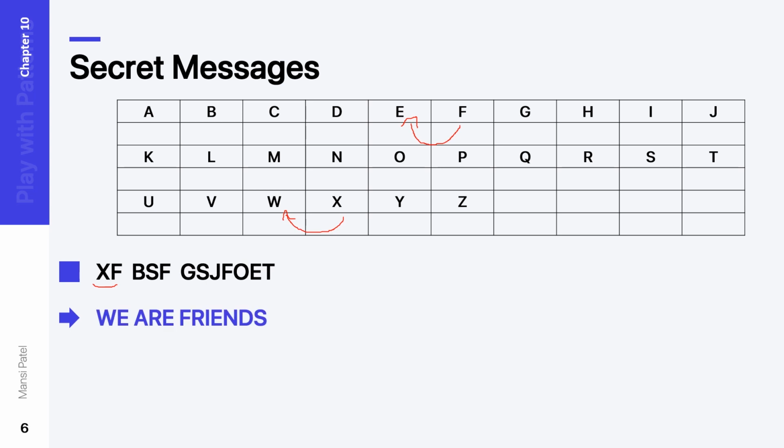So XF represents WE. Which alphabet comes before B?